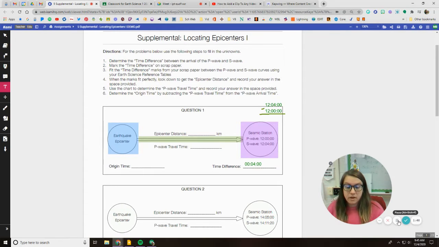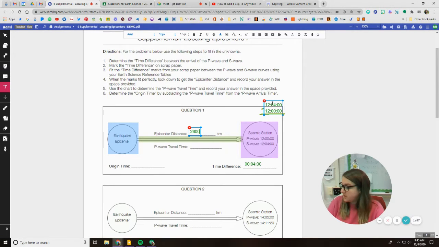So now I know that the distance is 2,600 kilometers away, and the travel time is about 5 minutes. I'm going to make sure I write this down here: 0, 0, 5 minutes.